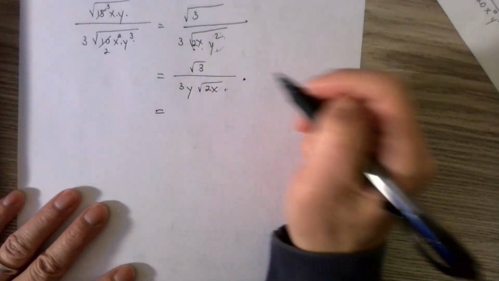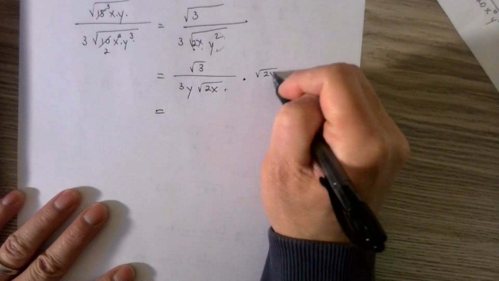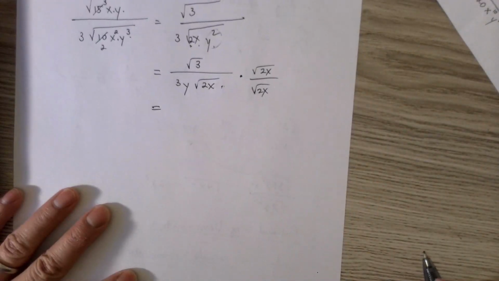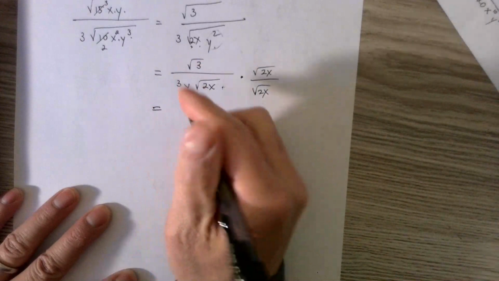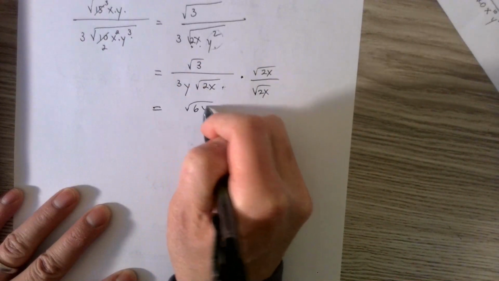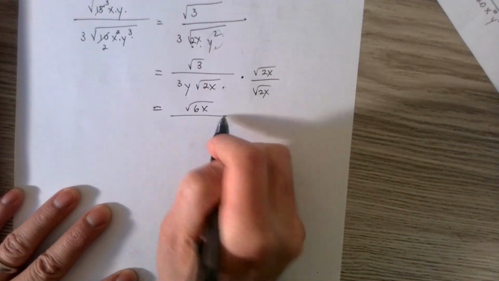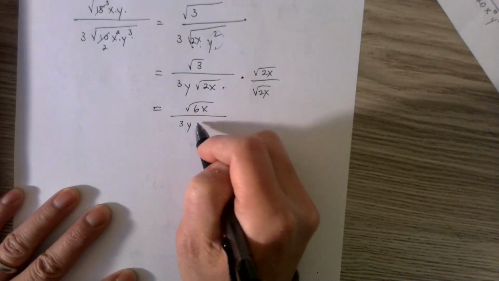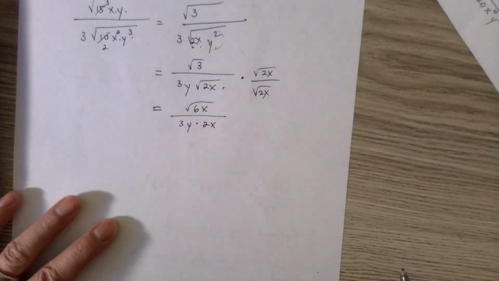So I multiply the top and the bottom by rad 2x. So my top becomes rad of 6x. My bottom becomes 3y times 2x.